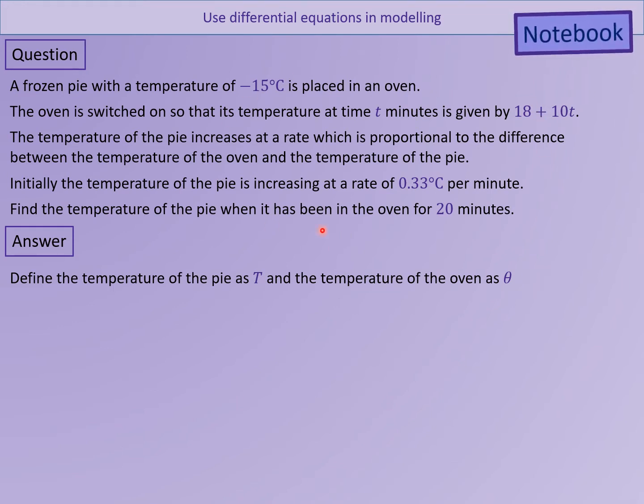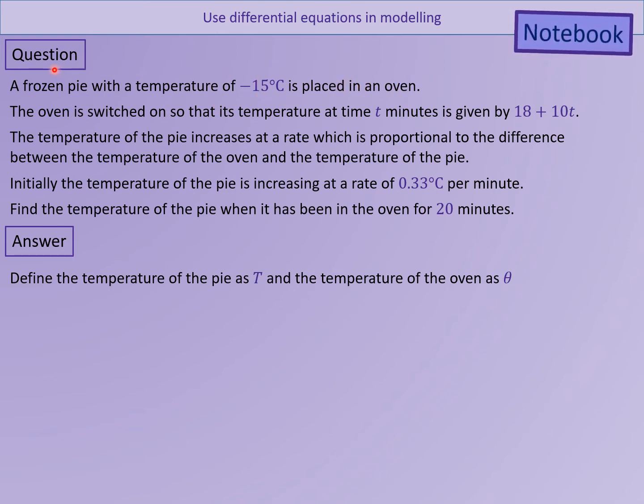Once I've done that, I can start looking through the important facts one line at a time and seeing if we can change them to equations, or maybe just note them as important facts like the first line that I might end up using later on. So the first line says a frozen pie with a temperature of minus 15 degrees Celsius is placed in the oven.